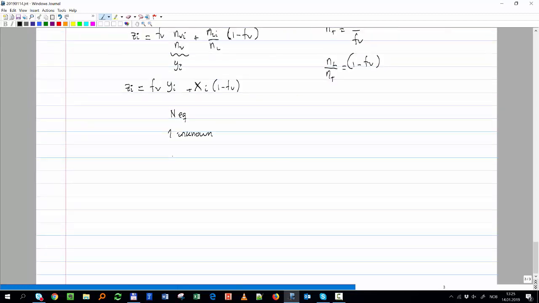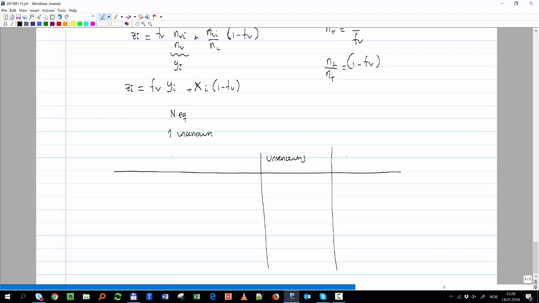So let's sum up to see. I think it's nice to make a table where we put unknowns here and equations here.